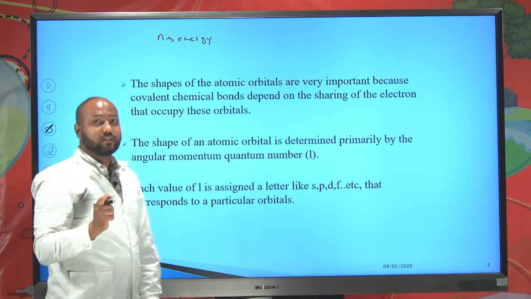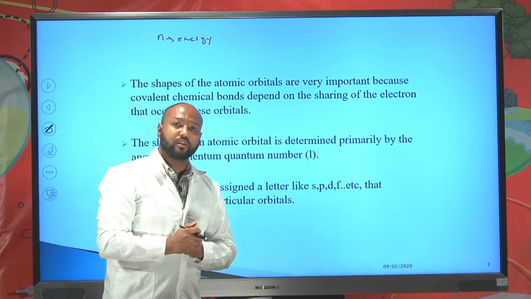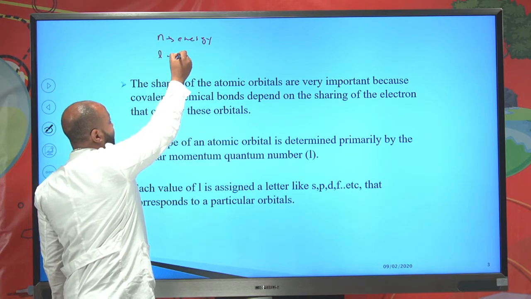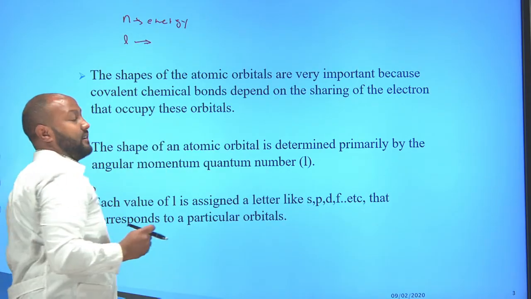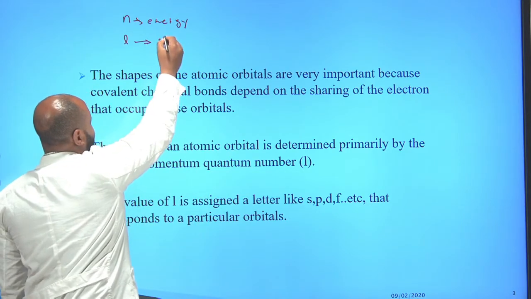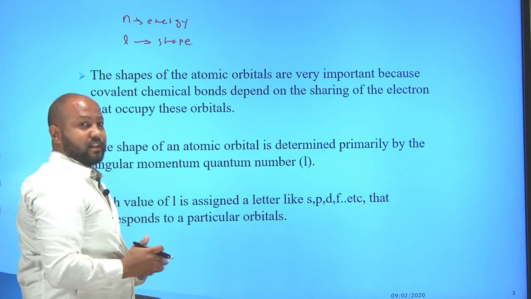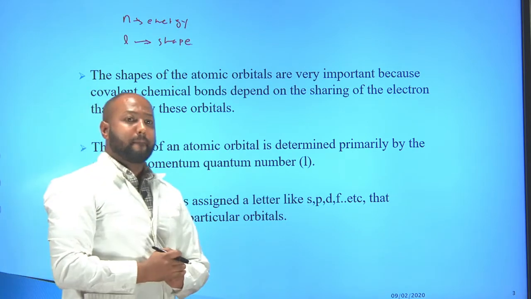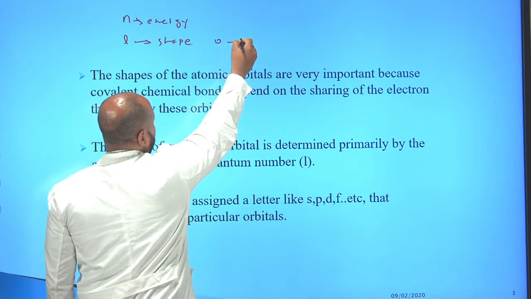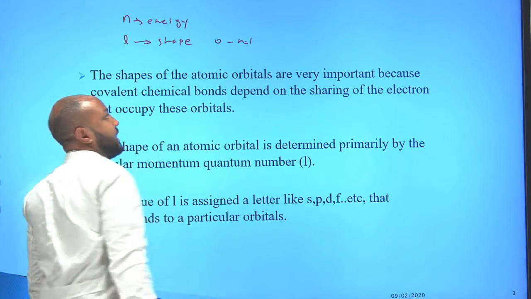The second quantum number is the azimuthal or angular momentum quantum number, which is represented by L. It tells us the shape of an orbital. This azimuthal quantum number has values from 0 up to n minus 1.